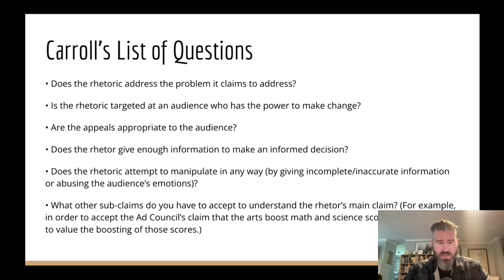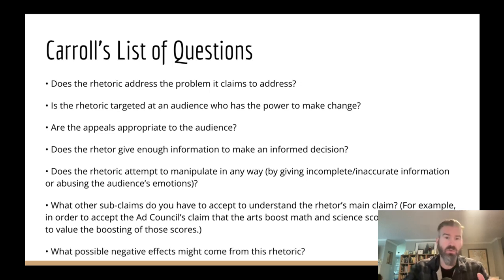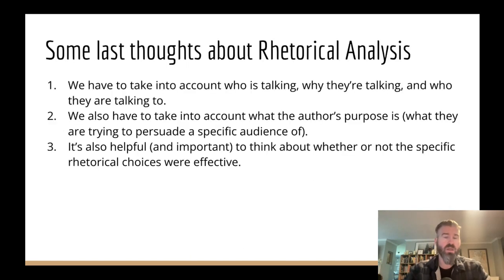We have to think about that demographic. We have to think about what they care about, what they believe in, what they value. And that is what's going to make us effective in our speaking, that we're sharing a value, that we're working together towards some goal. And then they talk about, are there any negative effects that might come from this rhetoric? Can somebody be, in that manipulation standpoint, encouraged to do something unethical?